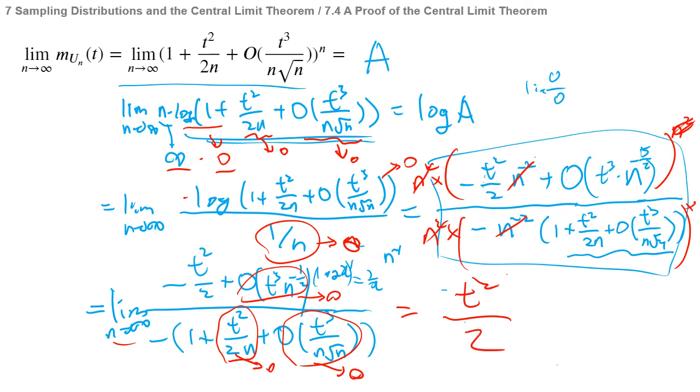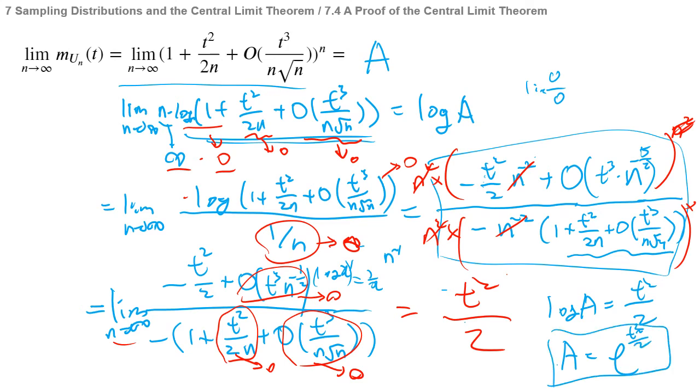So what we proved is that log of a is equal to t squared divided by 2, and so a is e to the t squared divided by 2. This is exactly the same as what we proved in the last slide, but with a slightly different trick.